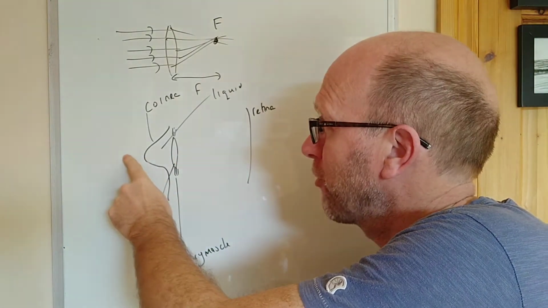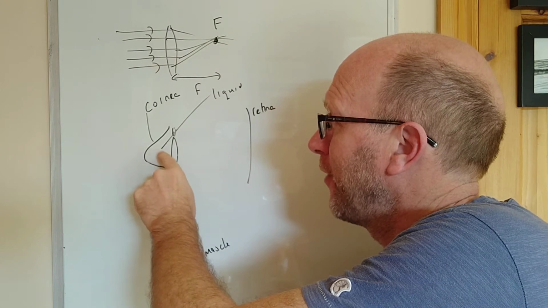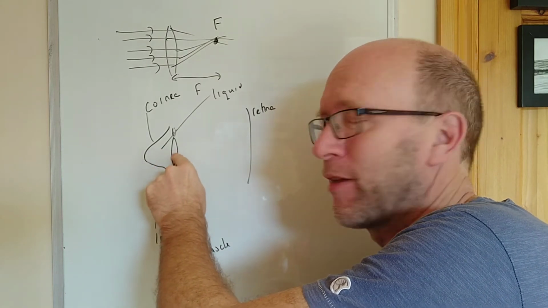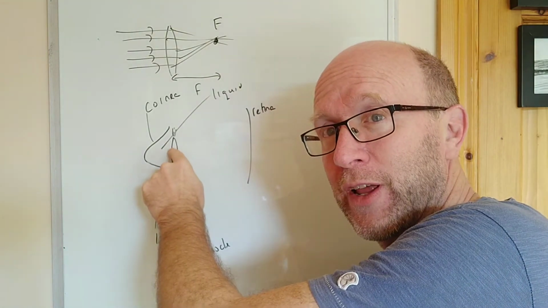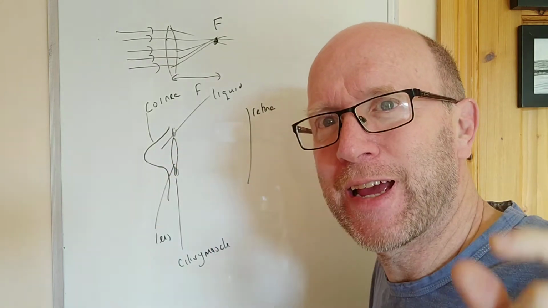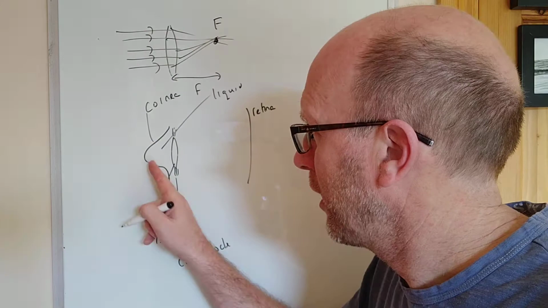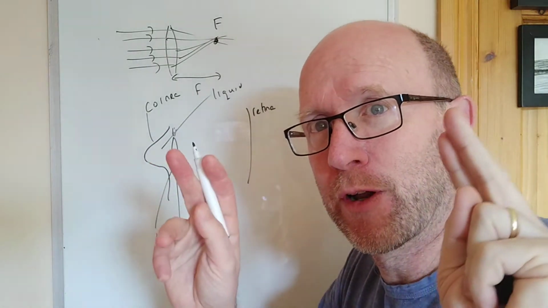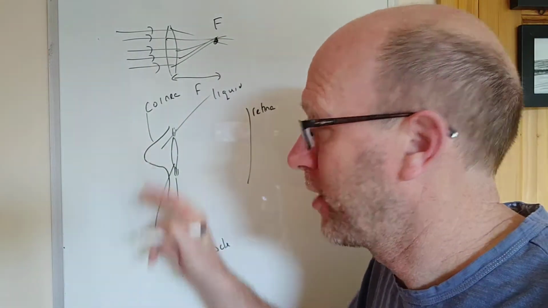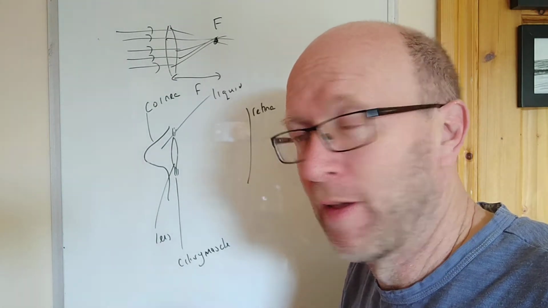So you get refraction going from air to cornea, and then from cornea to this lens, much less refraction. So the cornea lens is the most powerful lens.